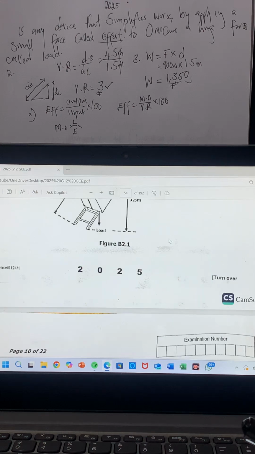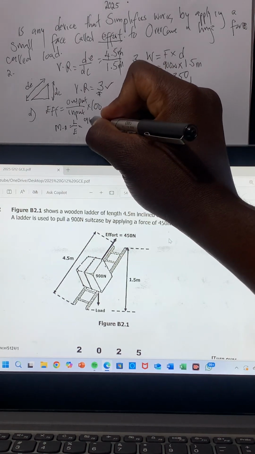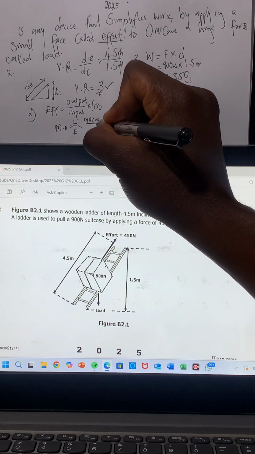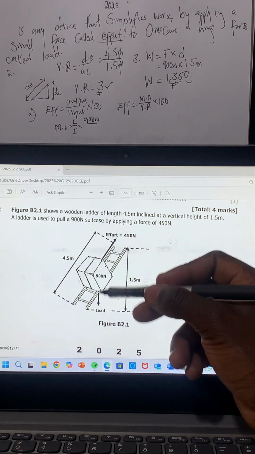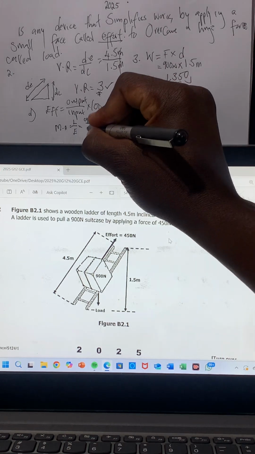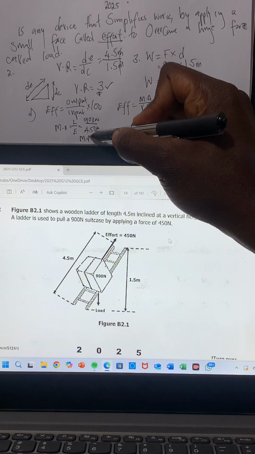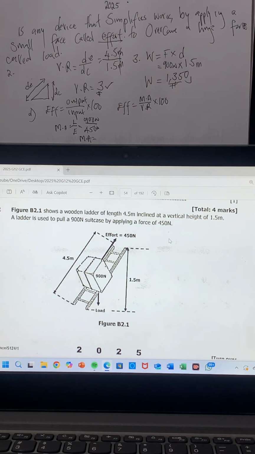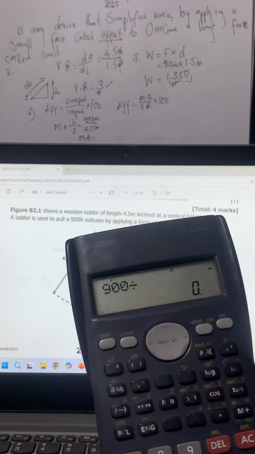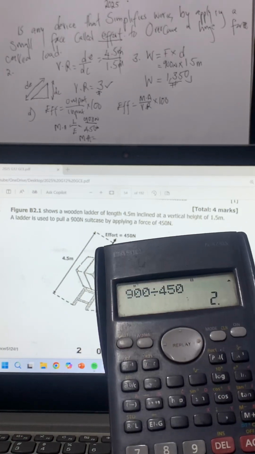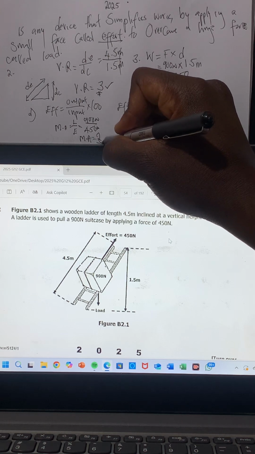In our diagram, the huge force was 900 newtons, and the small force applied, the effort, is 450 newtons. So mechanical advantage equals 900 divided by 450, and your answer is 2.